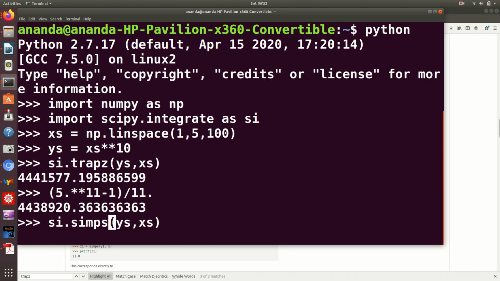One is the y values, or the sample values of the function, and the other is the x coordinates at which those sample values were taken. So 2 arrays go in, the array y's and the array x's. By the way, these objects that we are providing as arguments to simps have to be array-like.